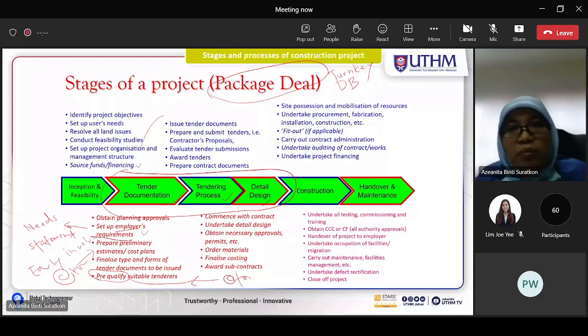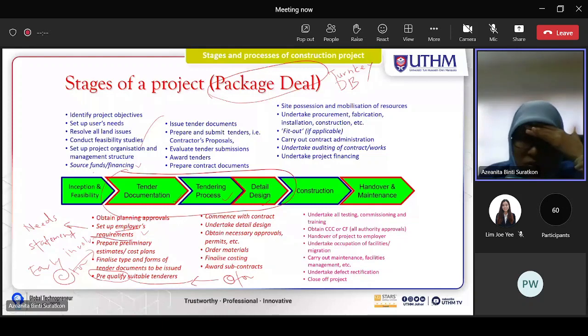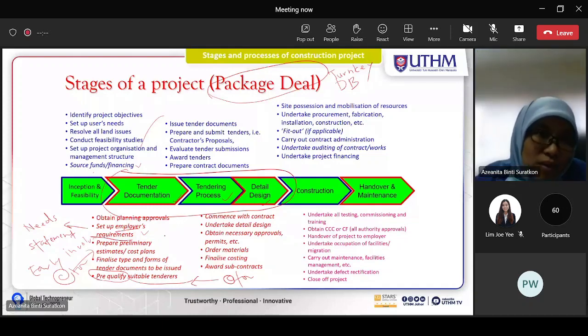So in my experience, for a road project, the road in front of UTHM is actually a Federal Road, Federal Road F20.